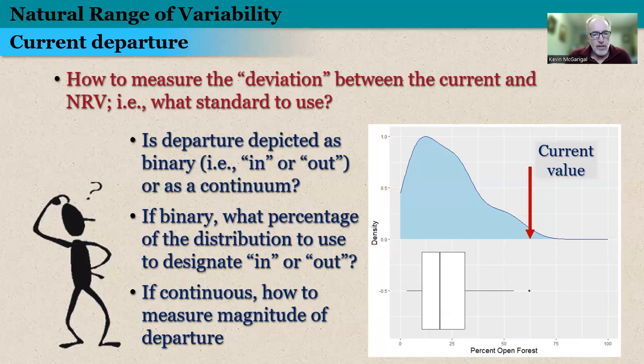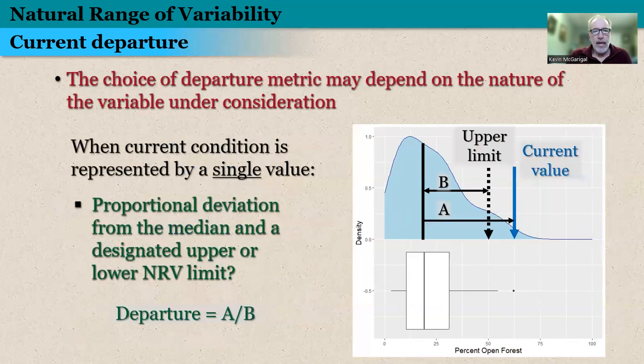If the standard is continuous, we have to determine, again, how we're going to measure the magnitude of departure when we're not simply representing it as in or out, but what percent or degree of departure we have. Whether the choice is to use a binary measure or a continuous measure can often depend upon the nature of the variable under consideration. In some cases, some variables lend themselves more to one approach versus the other.